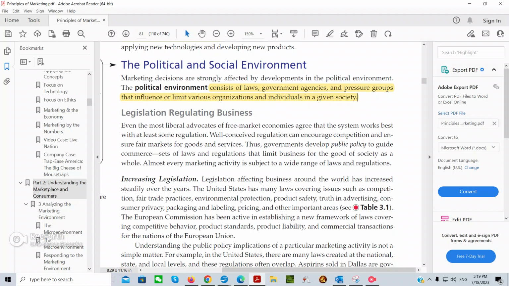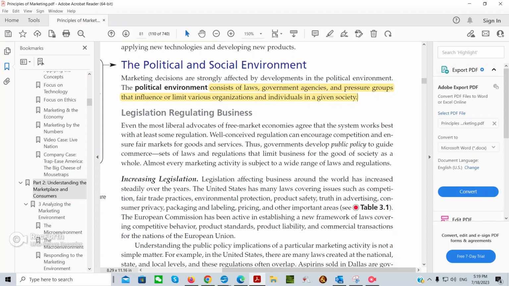What we need to first consider is legislation regulating business. Even the most liberal advocates of free market economies agree that the system works best with at least some regulation. Well-conceived regulation can encourage competition and ensure fair markets for goods and services.